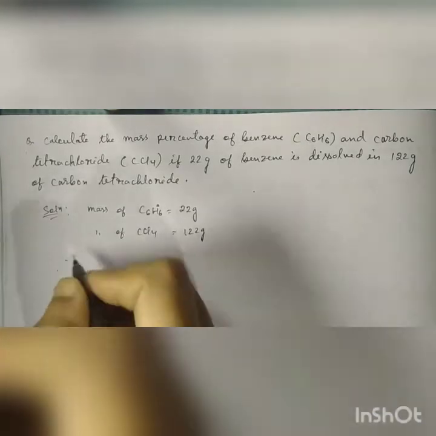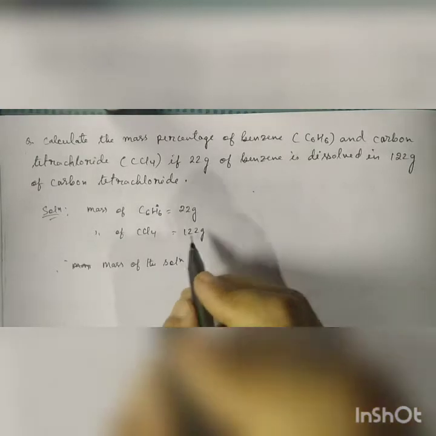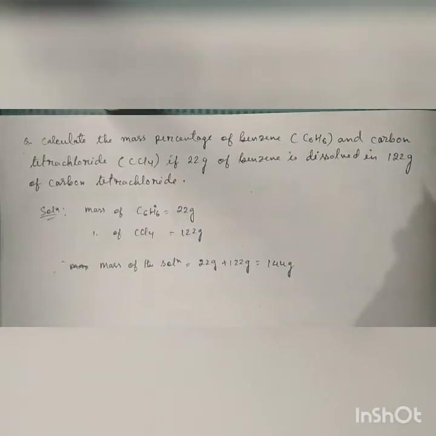Then the mass of the solution will be 22 gram plus 122 gram, that means the addition of these two masses. So this will be 144 gram. That means the mass of the solution is 144 gram.